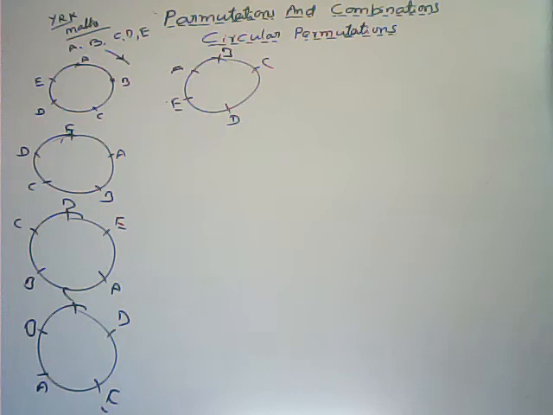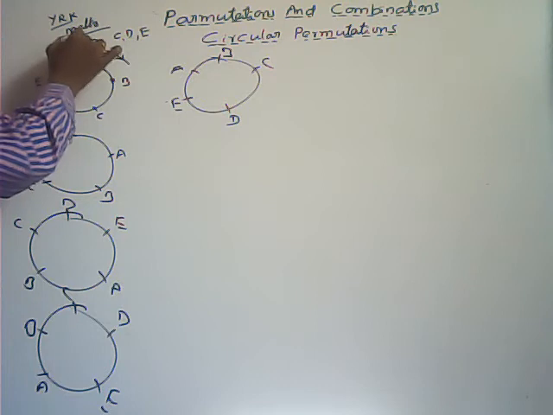In circular permutation, wherever we observe from, we call that the starting position and the last one the ending position. But that is not fixed. Starting and ending positions are not fixed in circular permutations.